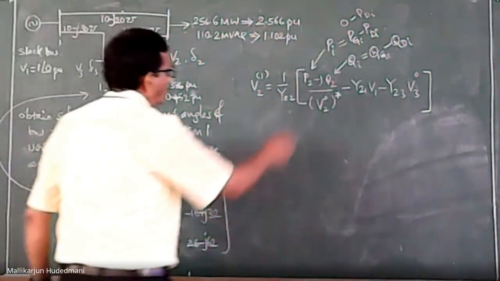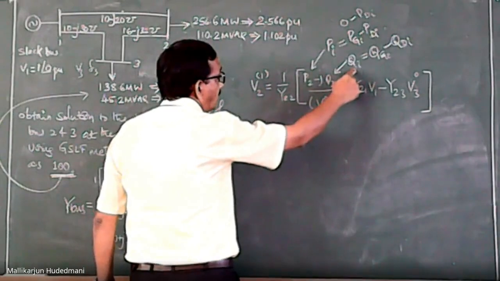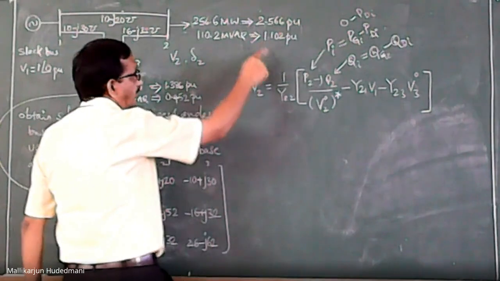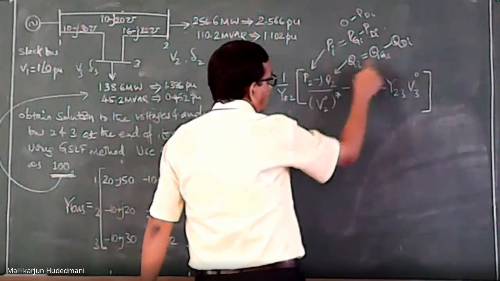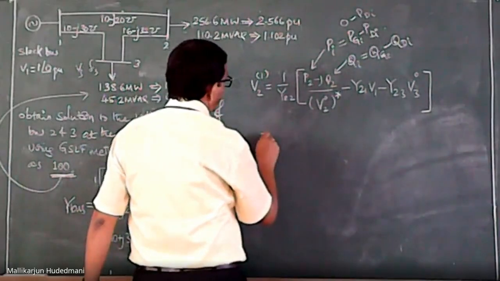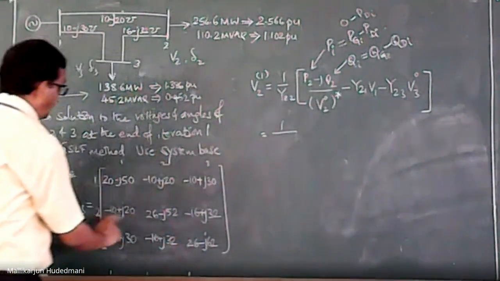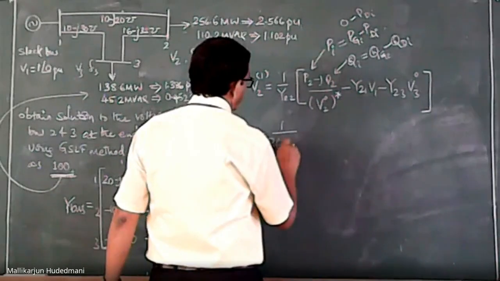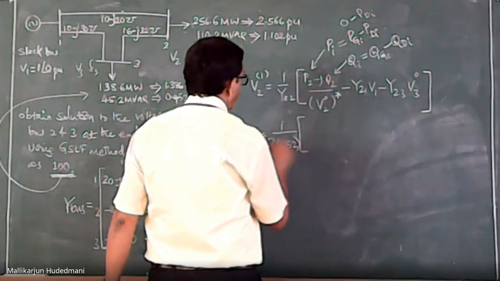Similarly, the reactive power situation is Qi. Qi was given directly in the previous problem, but here it is not given, the reactive demand is given. Hence any injection or demand is called reactive. Let me write the value, you will be able to cope. This will be 1 divided by Y22. What is Y22 for me? Y22 is 26 minus j52 inside the bracket.